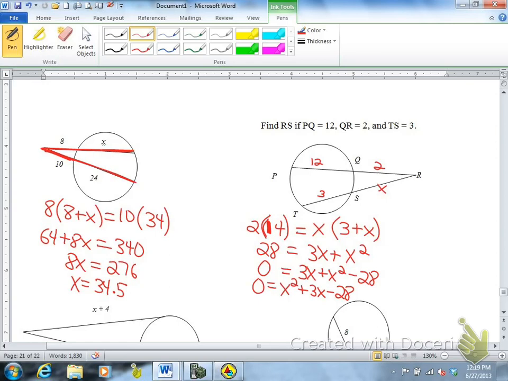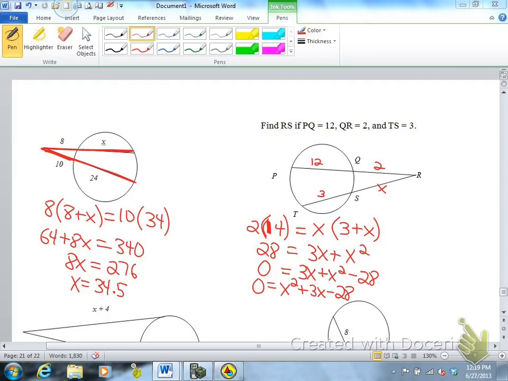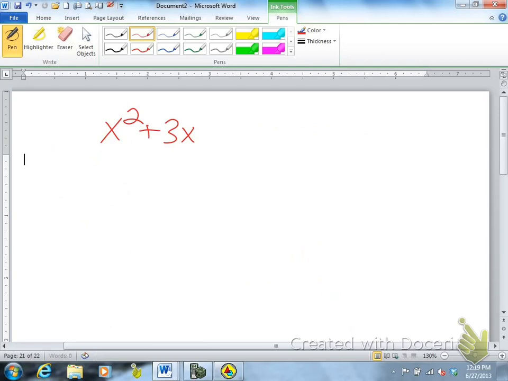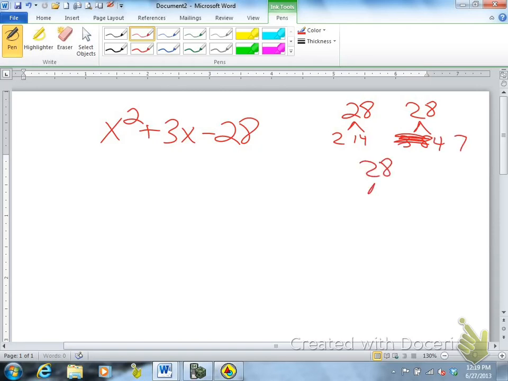So we need factors of negative 28. X squared plus 3x minus 28. Factors of 28 that add up to 3. So you're thinking of factors of 28. So you're thinking 2 and 14, or 4 and 7, or factors 1 and 28.